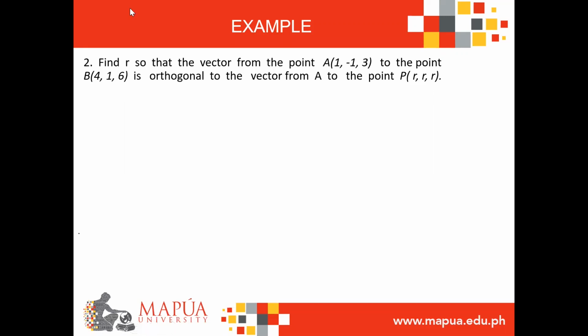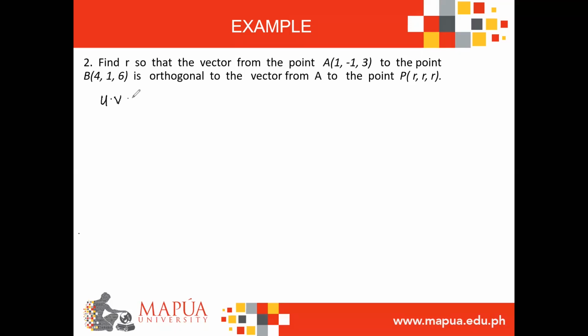So solving this problem now, we have the concept a while ago of orthogonal between two vectors. It says that we have u dot v equals 0. It means that vector u is orthogonal, or perpendicular, to vector v.